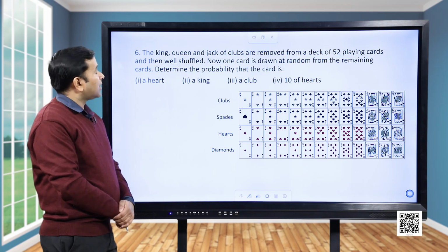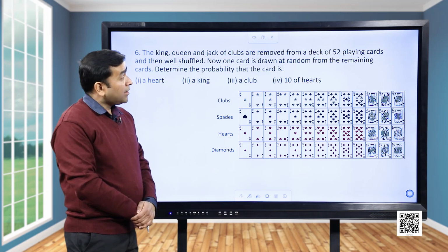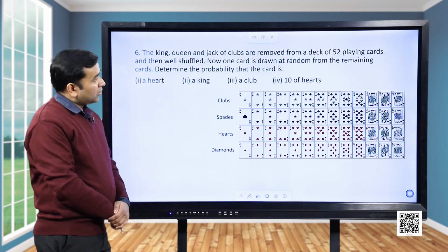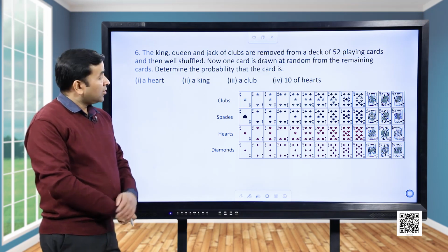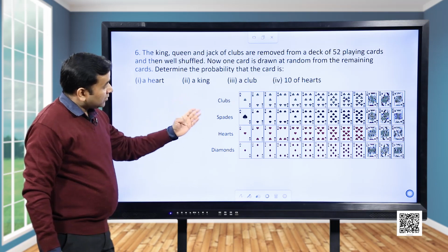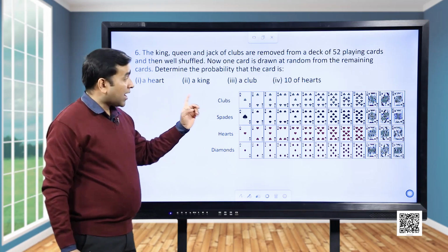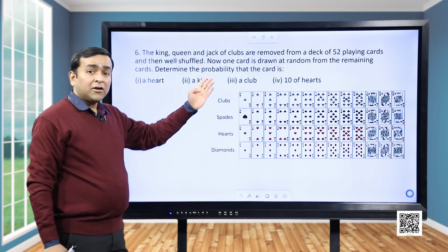Determine the probability that the card is a heart, a king, a club and the number 10 of hearts. So we already know that a deck of 52 playing cards has 4 suits: clubs, spades, hearts and diamonds, and each suit has 13 cards, right? So that makes 52 cards.